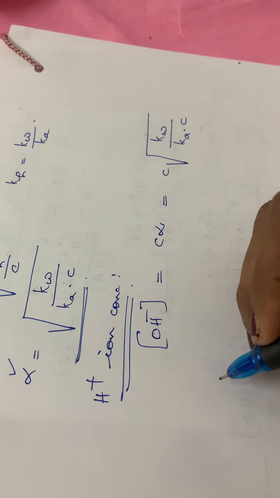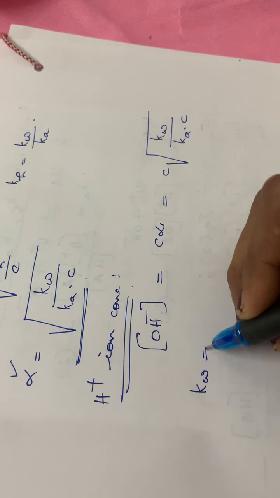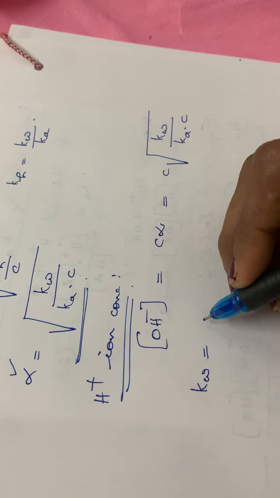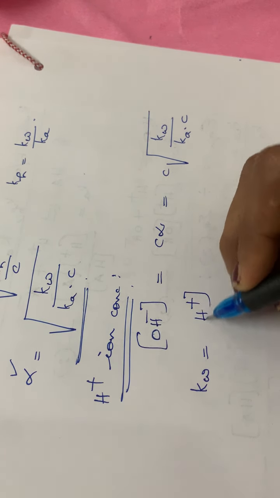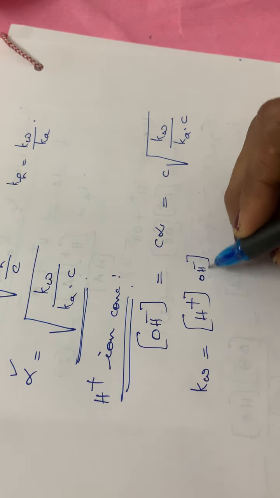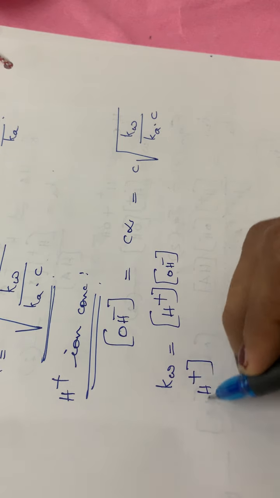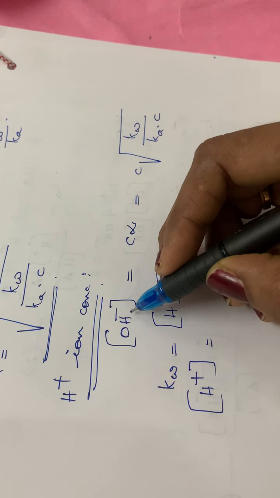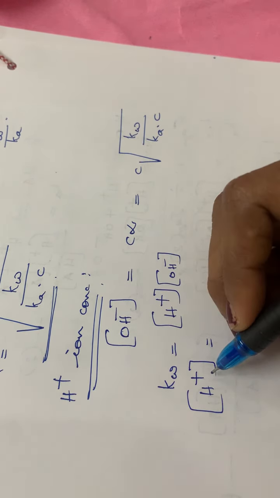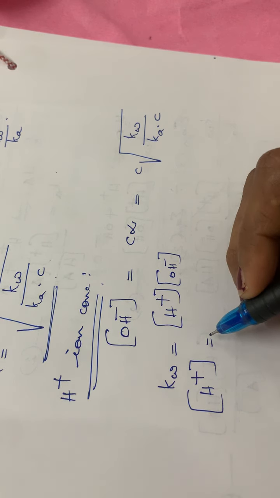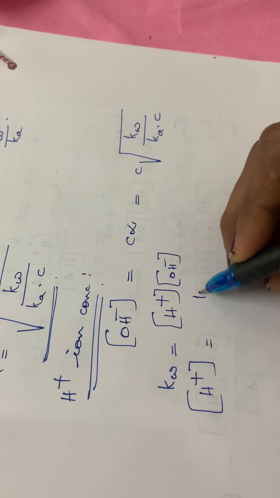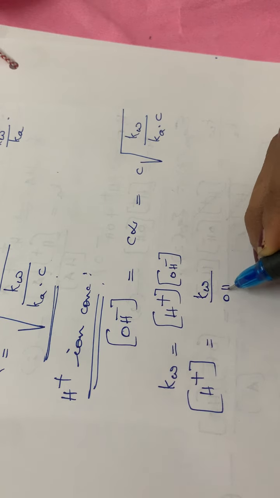Then what about the ionic product of water, KW? KW is equal to the concentration of H plus into the concentration of OH minus. So from OH minus, we have to find the H plus ion concentration. So H plus ion concentration is equal to KW divided by OH minus.